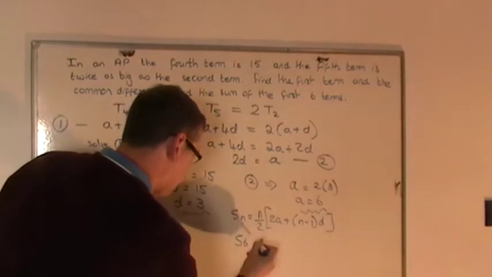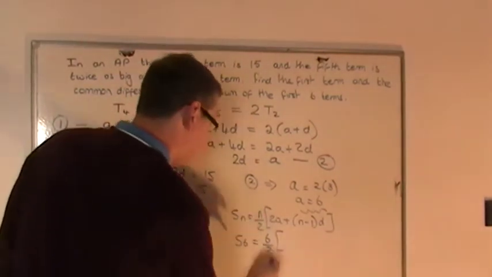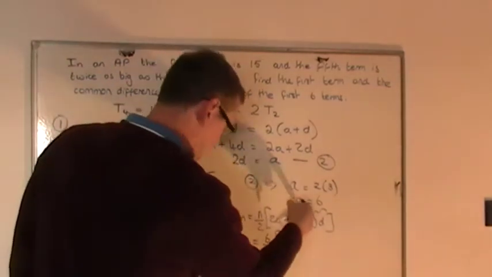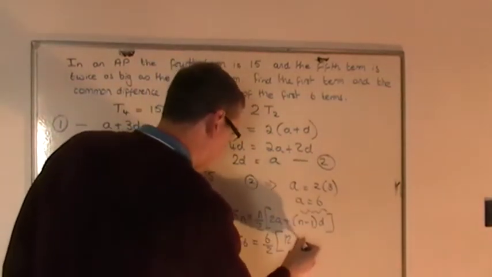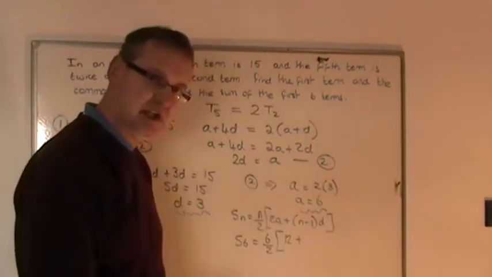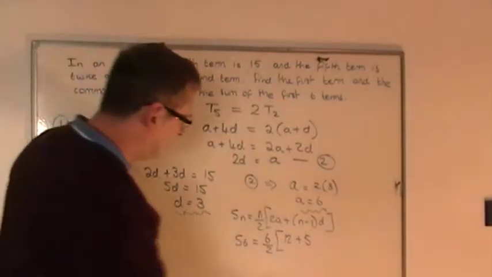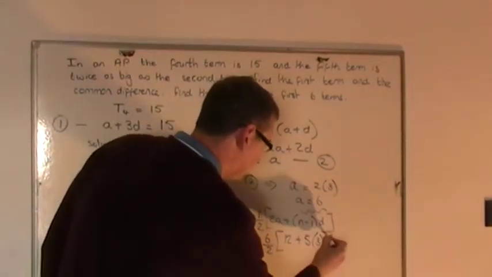So S6 is 6 over 2, bracket, 2 6's are 12, plus n minus 1, which is 6 take away 1, that's 5, times D, so 5 3's.